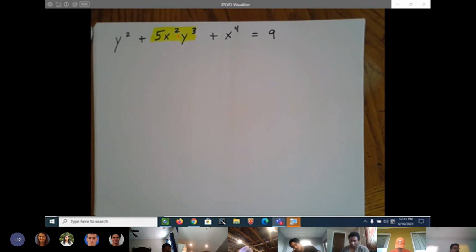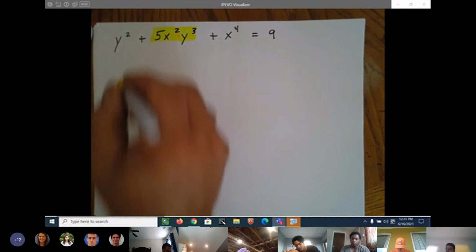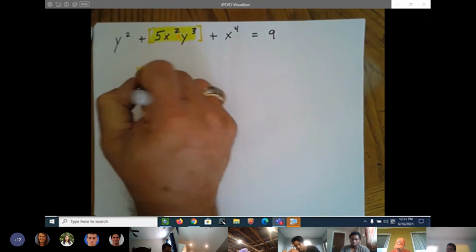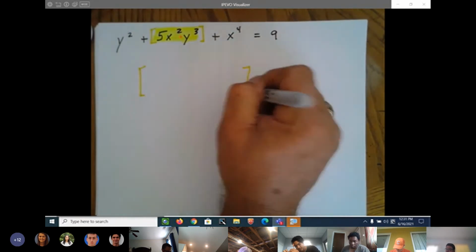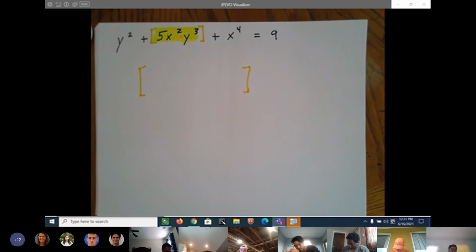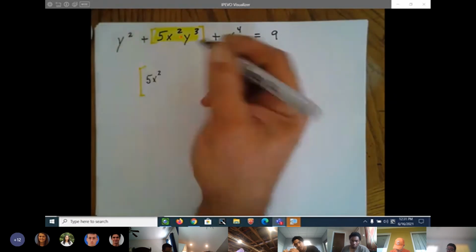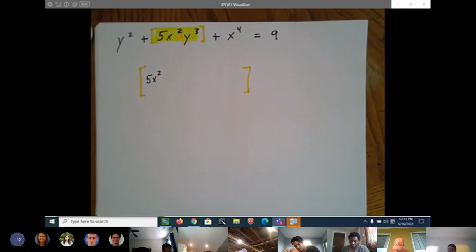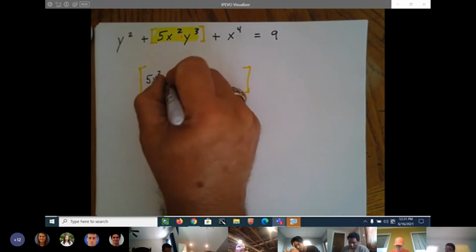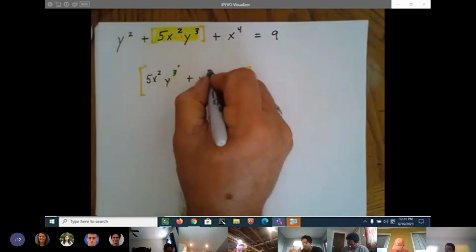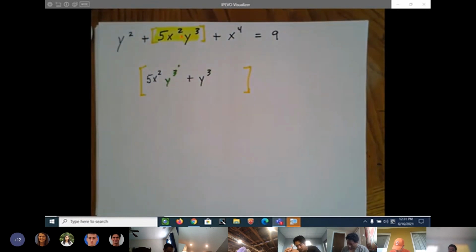So I'm going to put yellow brackets right here. First times the derivative of the second plus the second times the derivative of the first.